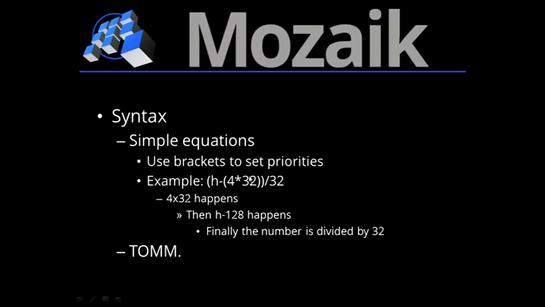Then once that number is calculated, height is going to be reduced by that number. That's the next part of the brackets. And then the last thing that's going to happen is that final number is going to be divided by 32. So your innermost brackets happen first, and then it works outward from there.